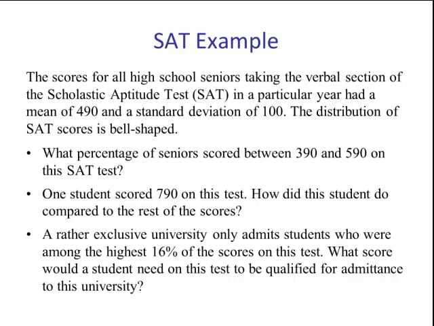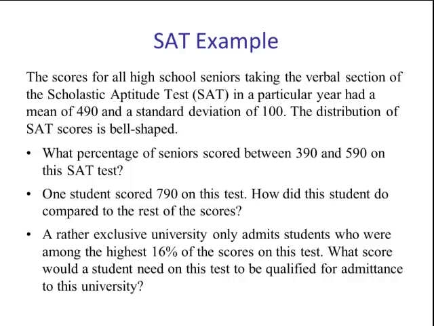The next question. One student scored 790 on this test. How did this student do compared to the rest of the scores? And the last question. A rather exclusive university admits students who are among the highest 16% of scores on this test. What score would a student need on this test to be qualified for admittance to this university?